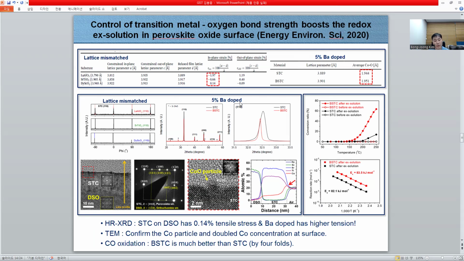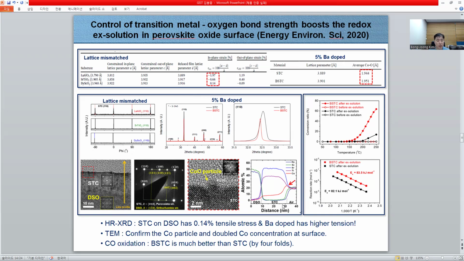These approaches generate tensile strains in plane and isostatically, as you can see in the XRD data. After reductive annealing, cobalt particles form on the strontium titanium oxide surface, as you can see in the TEM image, and the cobalt concentration is selectively high at the oxide surface.